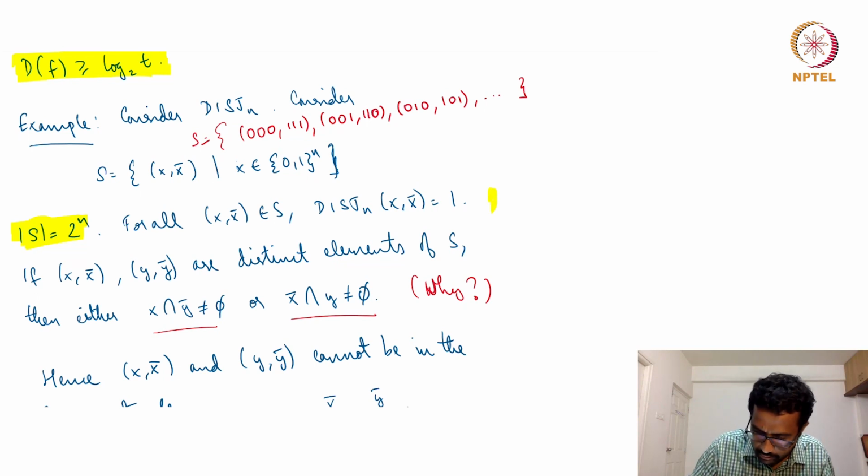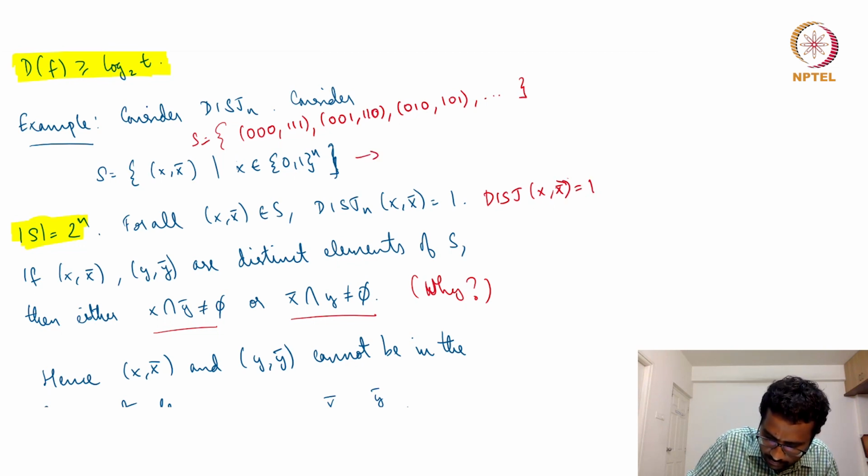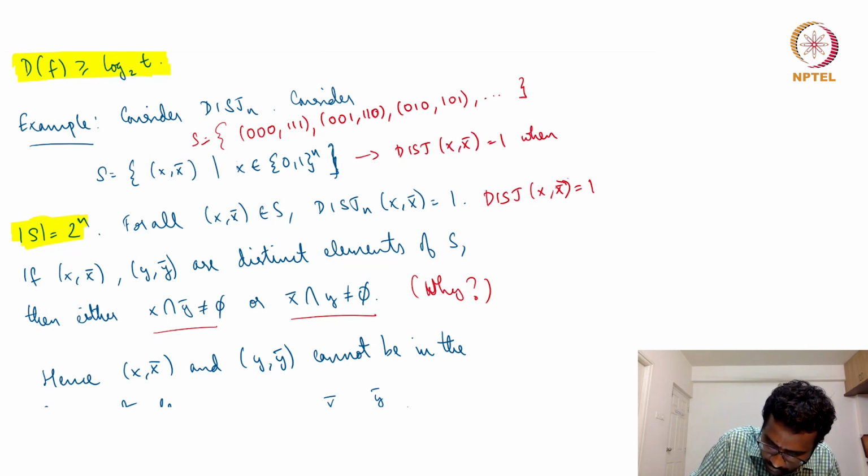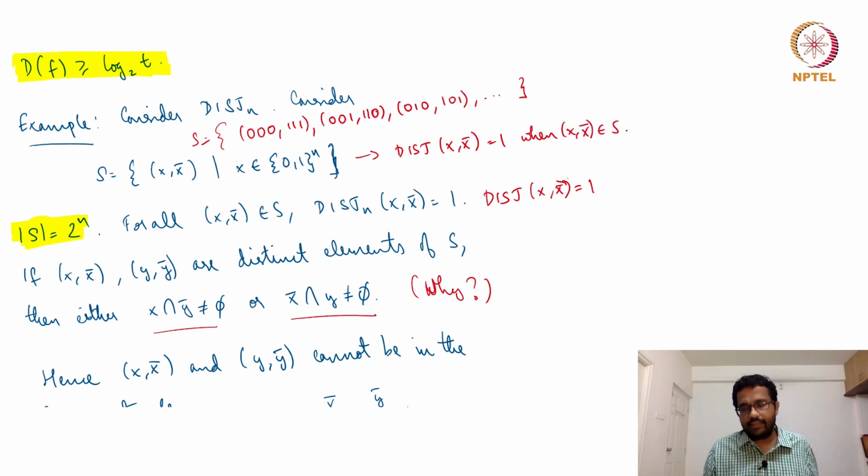So we know that disjointness of all the entries in S is 1, right?